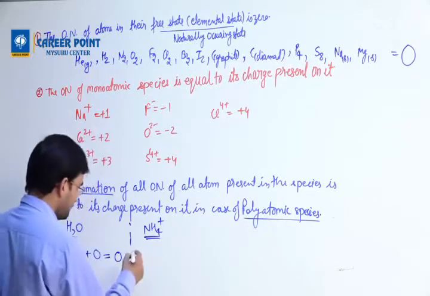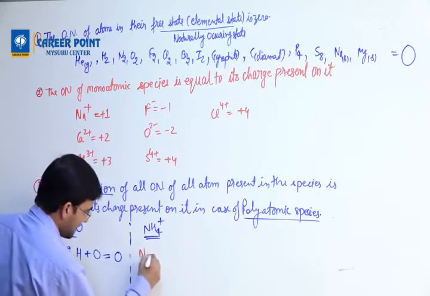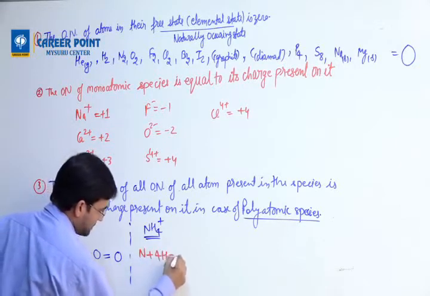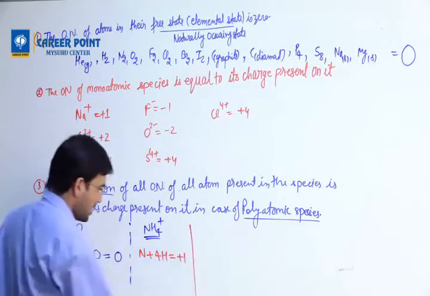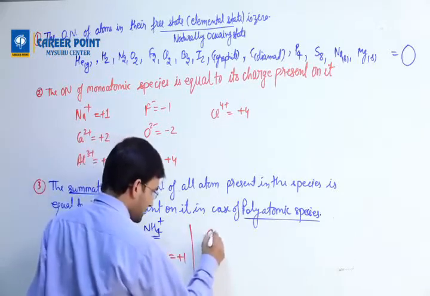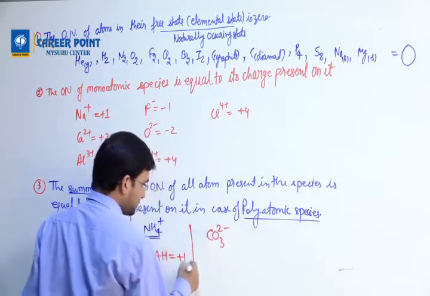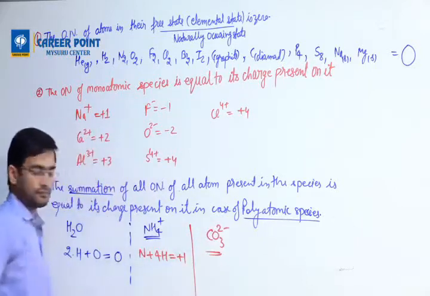Okay, so here we'll write N plus 4 times H equals to plus 1. Right? Yes. Try to do for this.